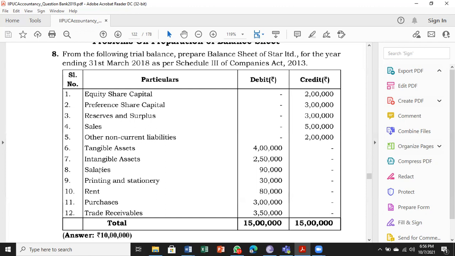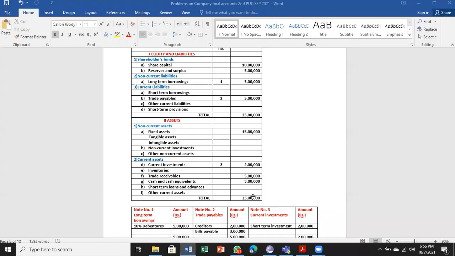So 5 items belong to the income statement. They have not told us to prepare the income statement, but when you have income statement items, especially sales connected with other items of expense, we need to find whether there is an income or loss for the business. So let us see how to go for working.